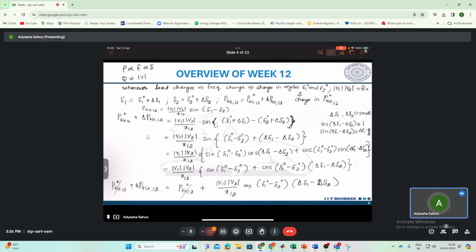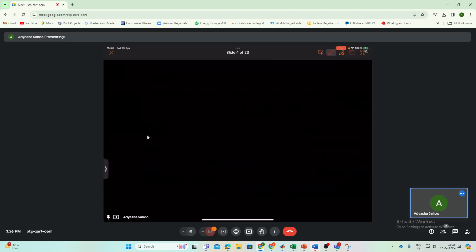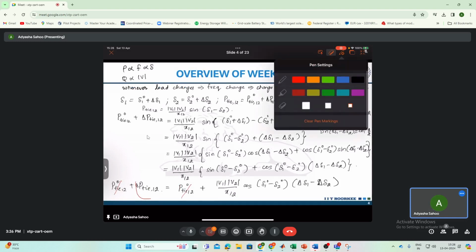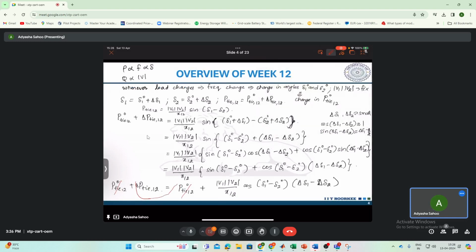So this will cancel out, and basically this is the expression for your change in power flow through tie line 12 whenever there is a change in load in area 1 and area 2.